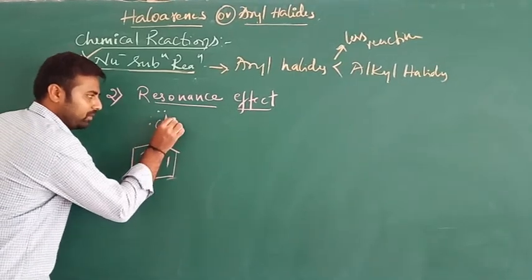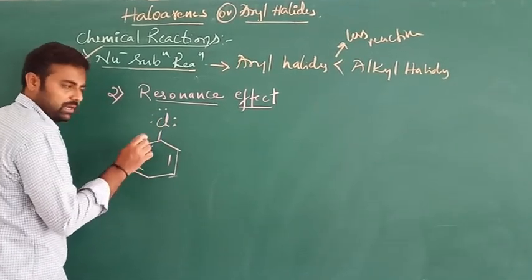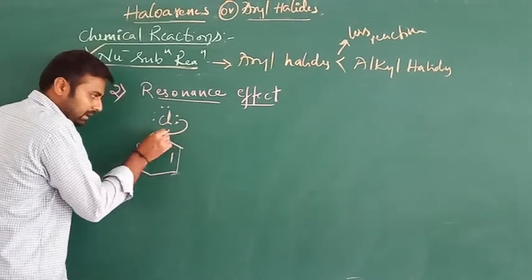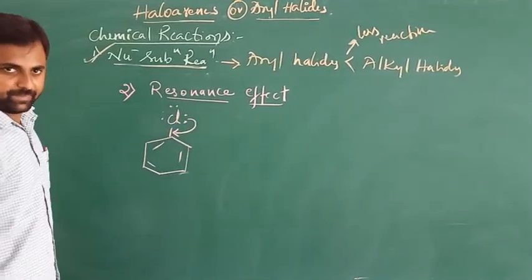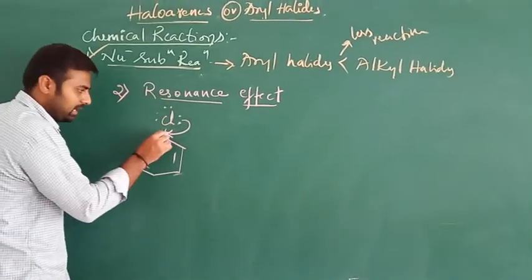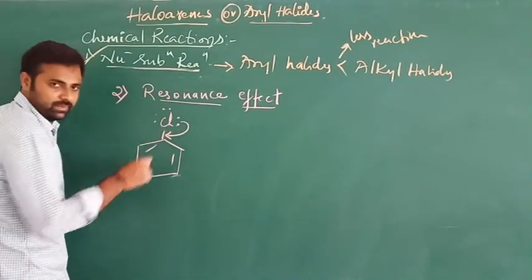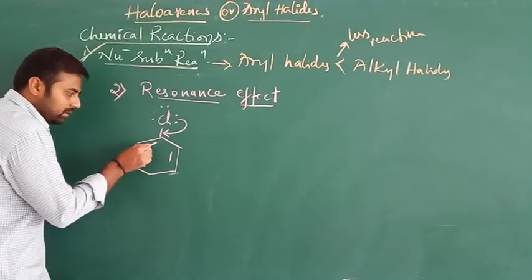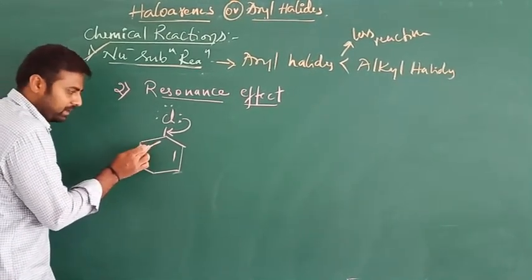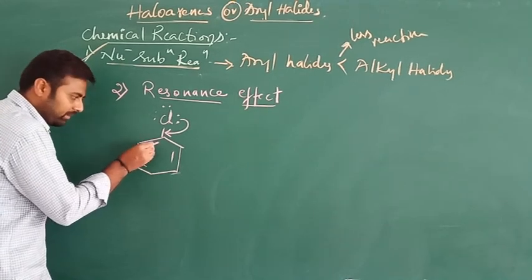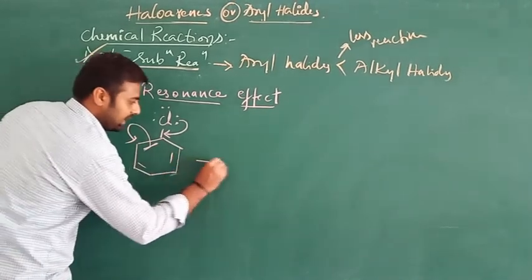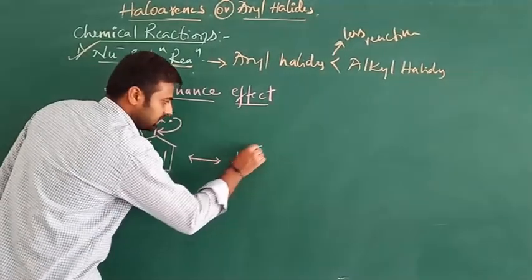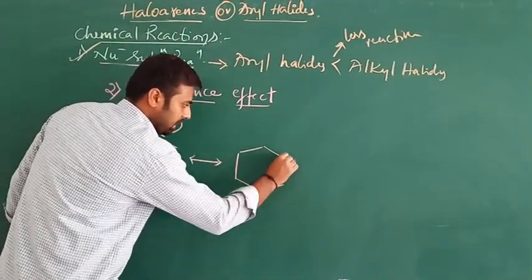Obviously, out of these three lone pairs, one lone pair of electrons of chlorine is involved in a resonance, meaning it changes its position and comes to this position due to the formation of a bond. At the same time, this pair of electrons of the pi bond will move to this position and gives one of the resonance structures, which will be like this, right?